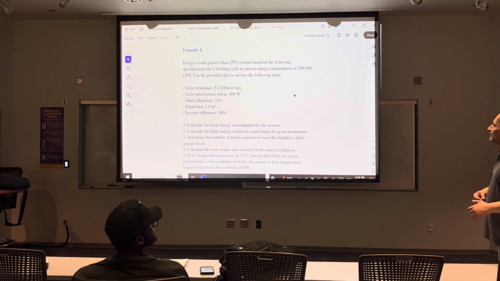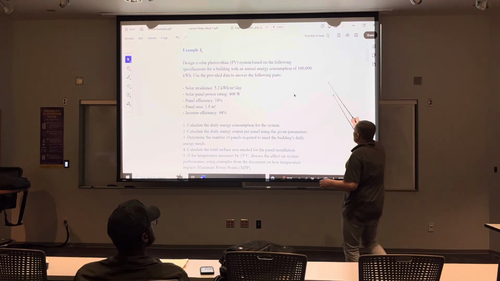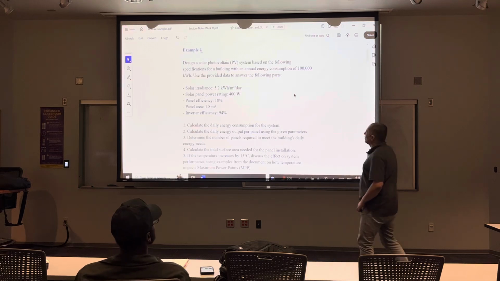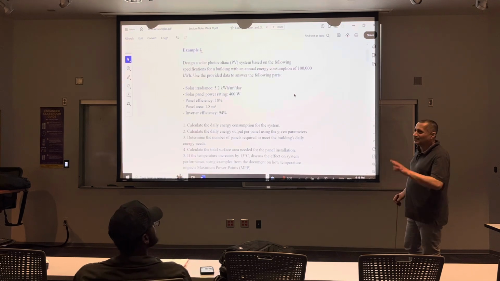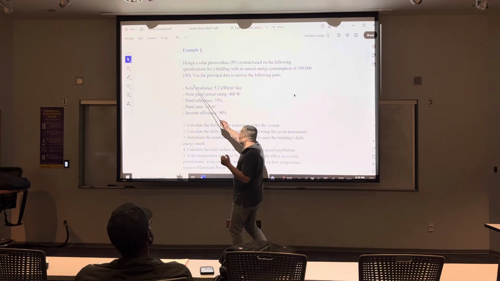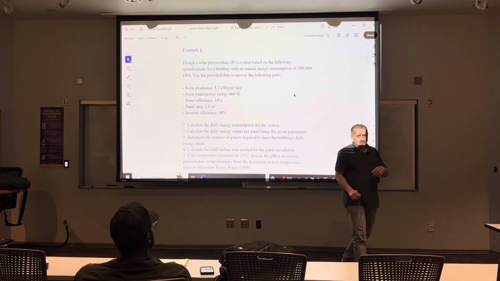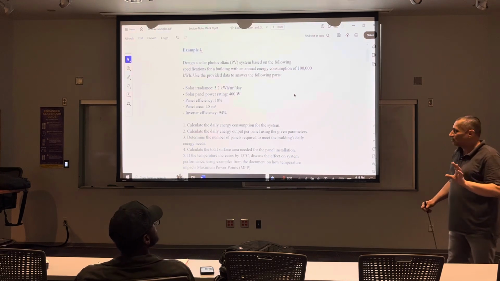Now, design a PV system based on the following specifications: annual energy, 100,000 kilowatt hours. See, kilowatt hours. Your design is in kilowatt hours, not megawatt hours, because the meters read kilowatt hours.